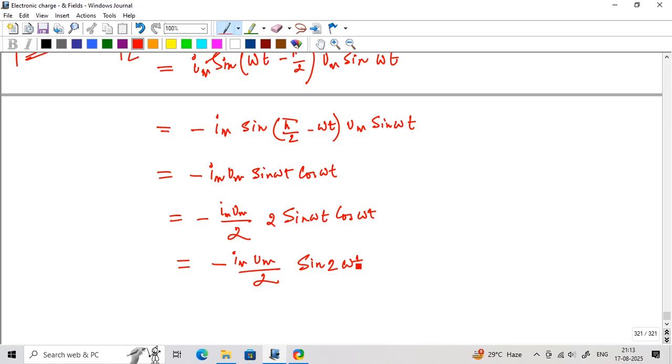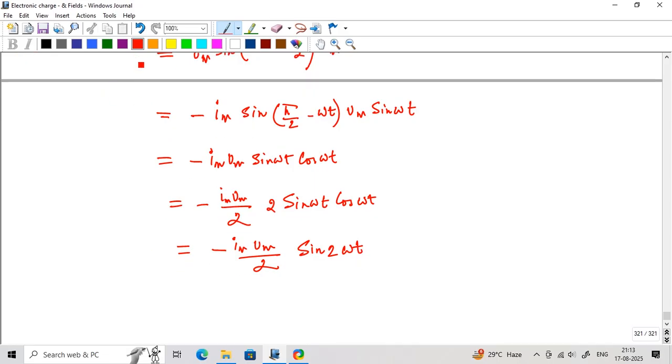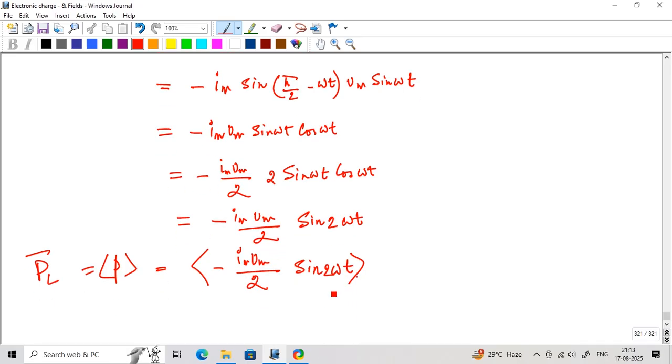Okay, now calculate average power. So load power average, PL average, is equal to minus Im Vm by 2 sine twice omega t. Now we calculate the full cycle integration of this. It is a function of t; in the previous class we solved this.